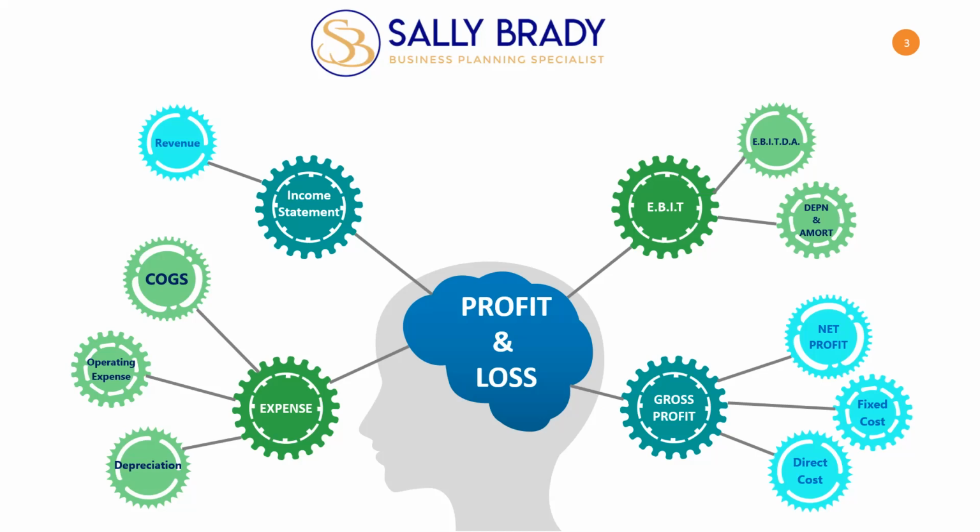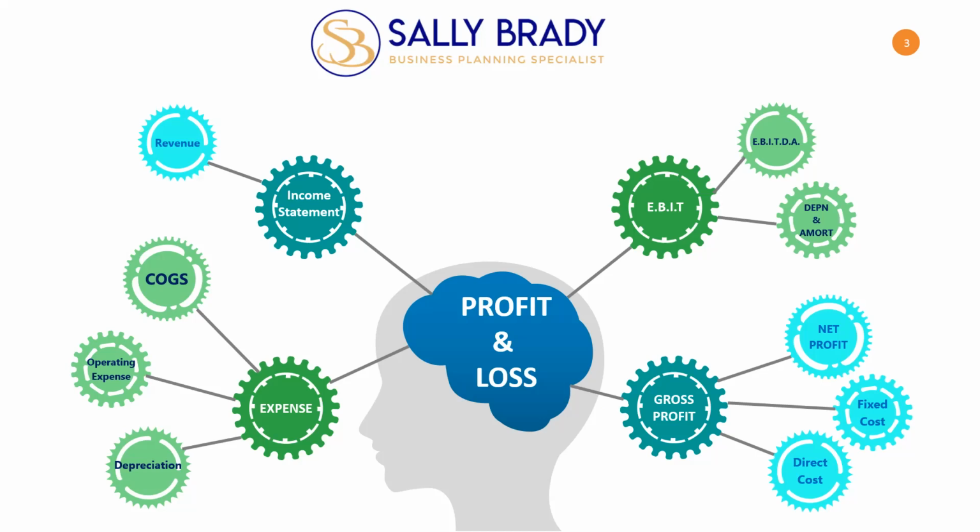Now, the other one you'll hear about a lot is gross profit. And people often say to me, is gross profit the same as net profit? No, it's not. Gross profit is the profit that a company makes after deducting the costs associated with selling products. So where we talked about COGS, cost of goods sold, you'd find gross profit below COGS.